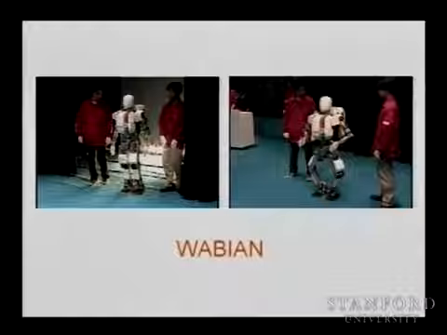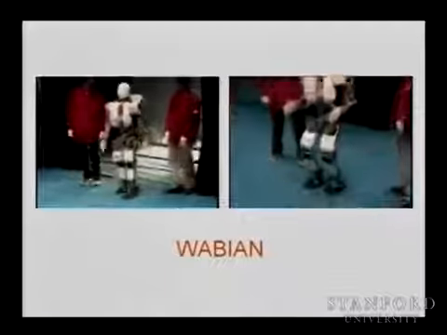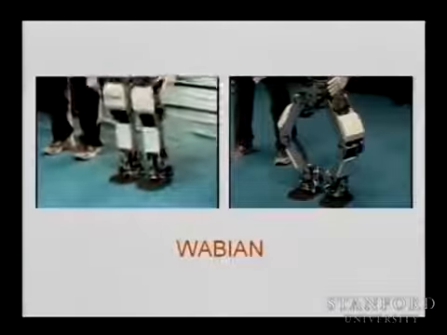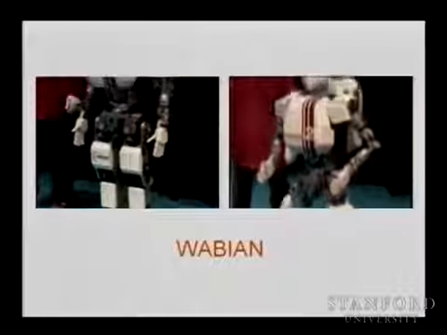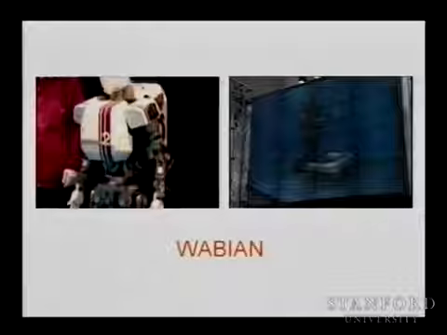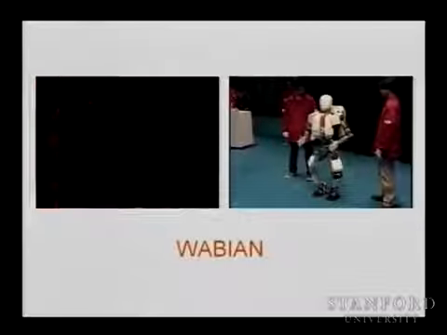This is an interesting device that comes from Waseda University. This robot has additional degrees of freedom in the hip joints to allow it to move a little bit more like a human. Let's see.